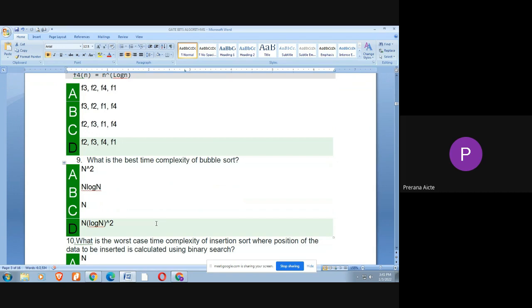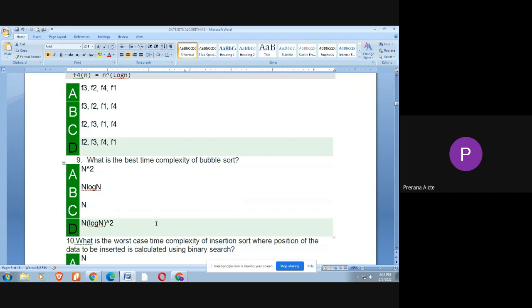Whereas in the worst case, it is going to be order of n square. The best case occurs for bubble sort if the list is already in sorted order: we just need to go through all the n elements once and there is no change in the output. The output is the same as the input.